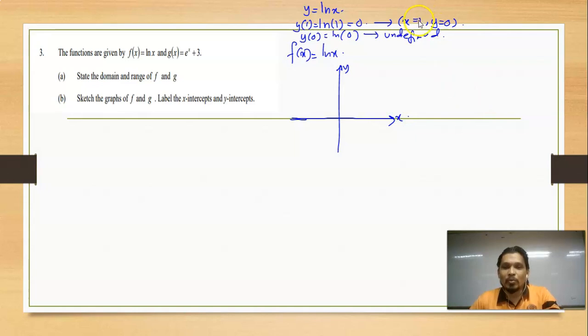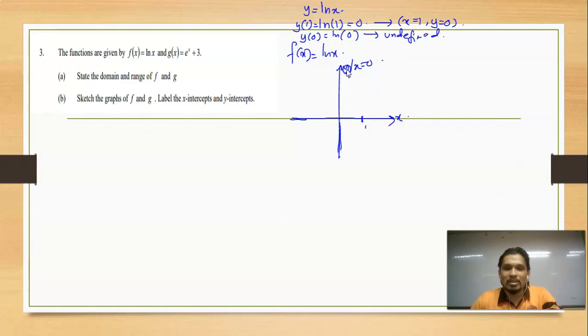So when x equals 1, y equals 0, it intersects here. And when x equals 0, the whole function is undefined, meaning along this y-axis is where x equals 0. So the function will have no value of y when x equals 0.